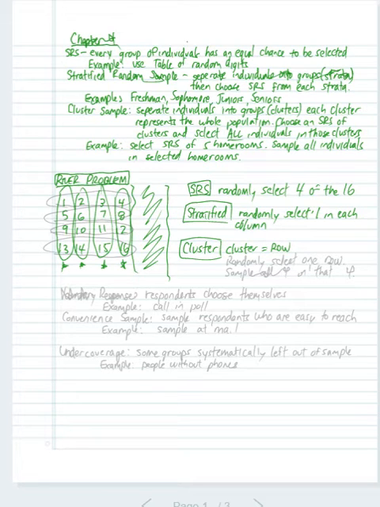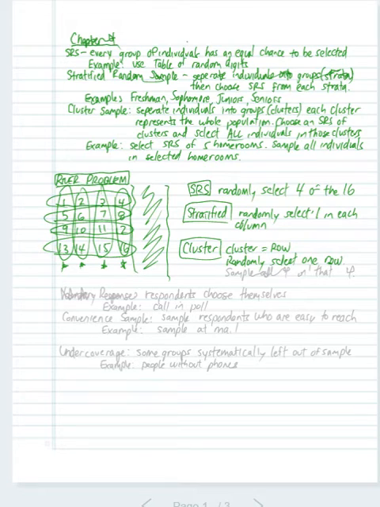And what that would mean is that each row is a cluster, and each cluster accurately represents the whole population, because that row has a plot of land close to the river and a plot of land far away from the river. So the way that we would do that is we would randomly select 1 cluster, or 1 row.